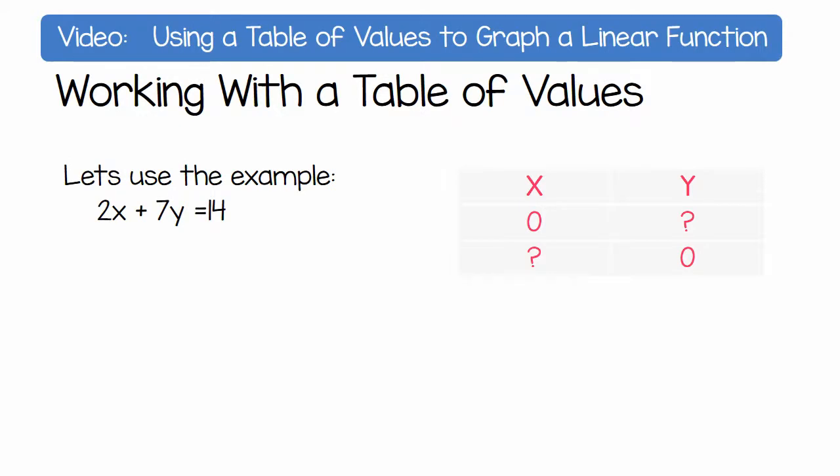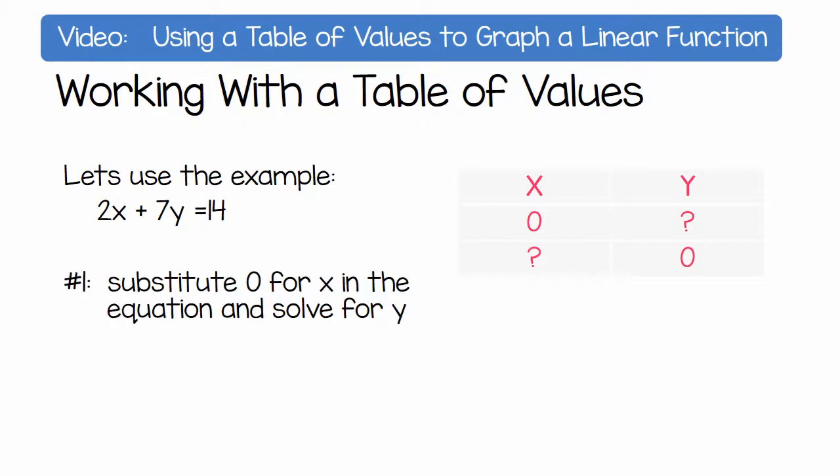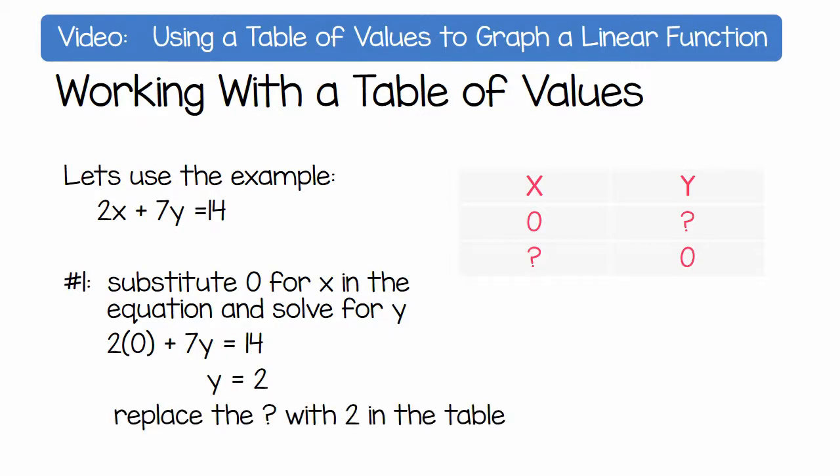2x plus 7y is 14. Let's start by substituting 0 for x into the equation and solving for y. 2 times 0 plus 7y is 14, so y must be 2. Now we will fill in the question mark with the value of 2 in the table.